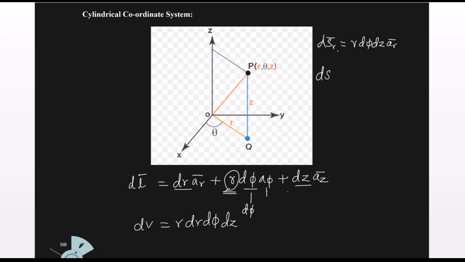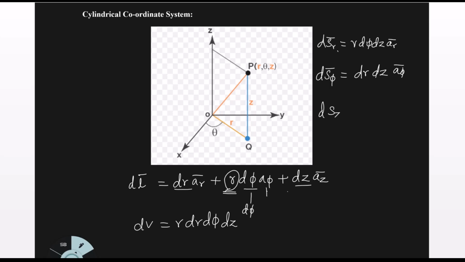Normal to the phi direction, ds phi vector equal to dr dz a phi vector.